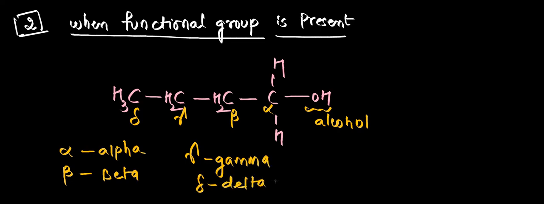So: alpha carbon, beta carbon, gamma carbon, delta carbon. We classify depending on position from the functional group. The carbon directly connected with the functional group is alpha carbon, next to that is beta, then gamma, and then delta.